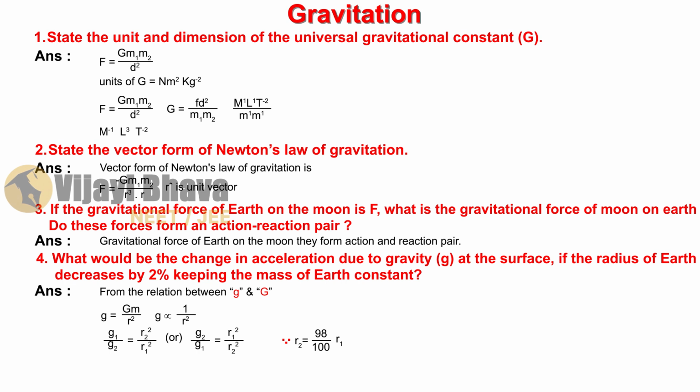Now let us substitute all these data in the formula. g2 by g1 is equal to R1 square by (98 by 100 into R1) square. R1 and R1 get cancelled. The remaining is g2 by g1 is equal to 100 into 100 by 98 into 98. On simplification, we get this as 1.04.